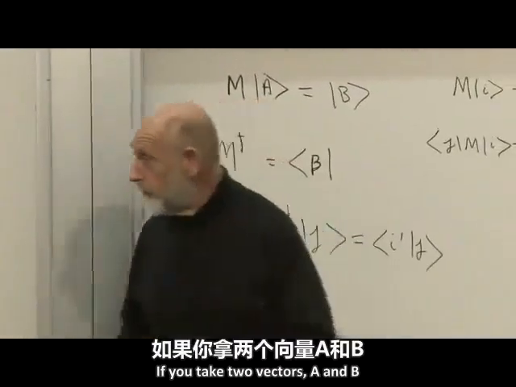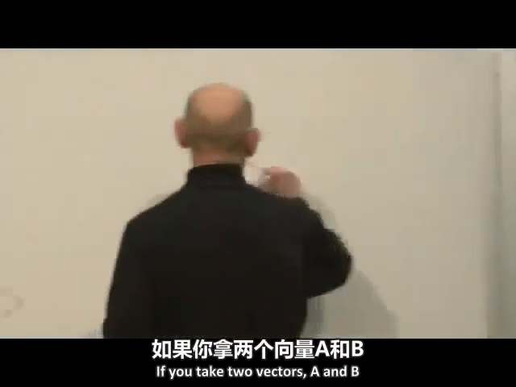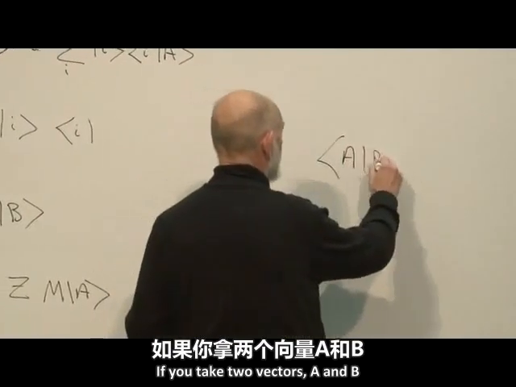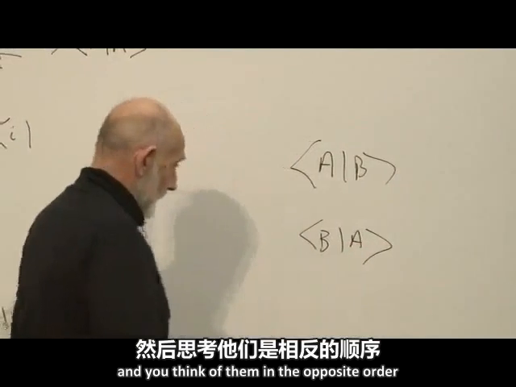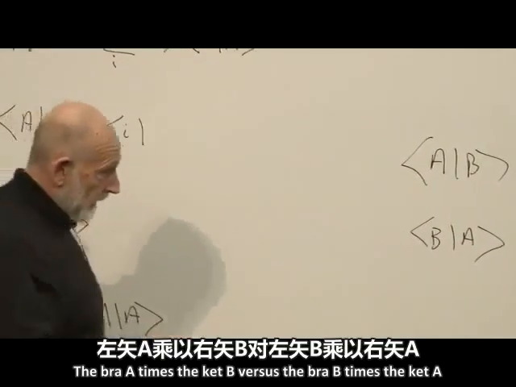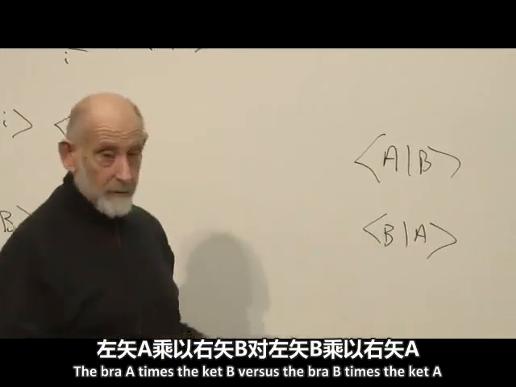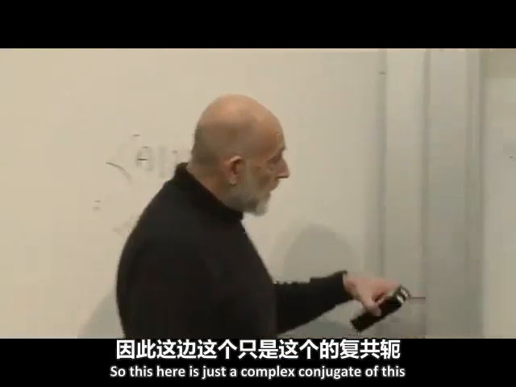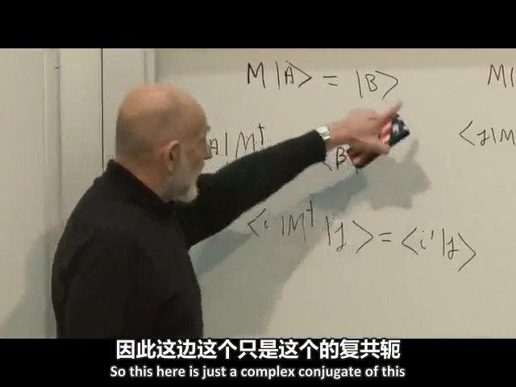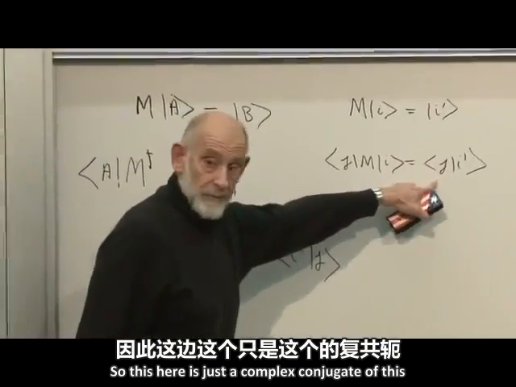If you take two vectors, A and B, and you think of them in the opposite order, the bra A times the ket B versus the bra B times the ket A, the relationship between them is just complex conjugation. So this here is just a complex conjugate of this.